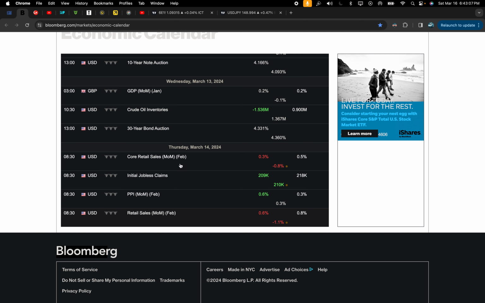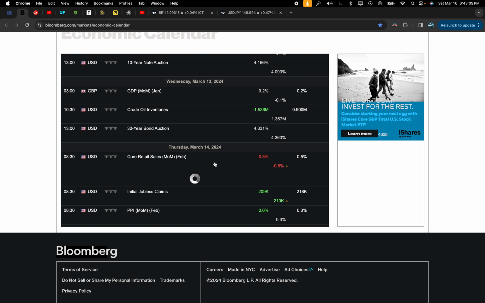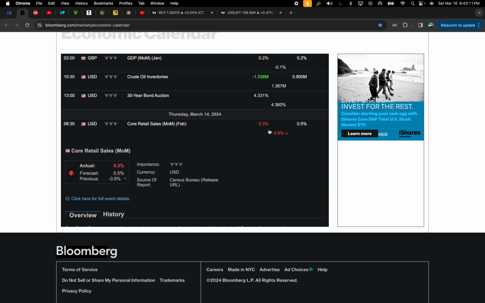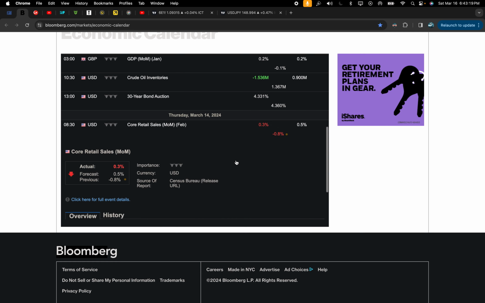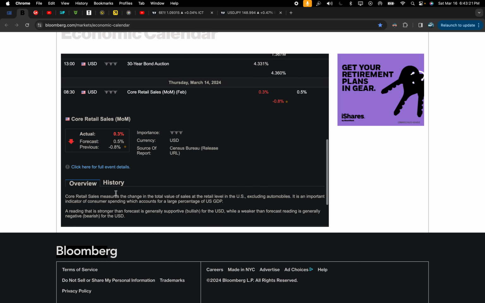Retail sales. If retail sales is down, that's generally not good for the economy, which would be probably bullish for the dollar, right? Let's see what it says. A reading that is stronger than forecast is generally supported, bullish for the dollar. So I was wrong.